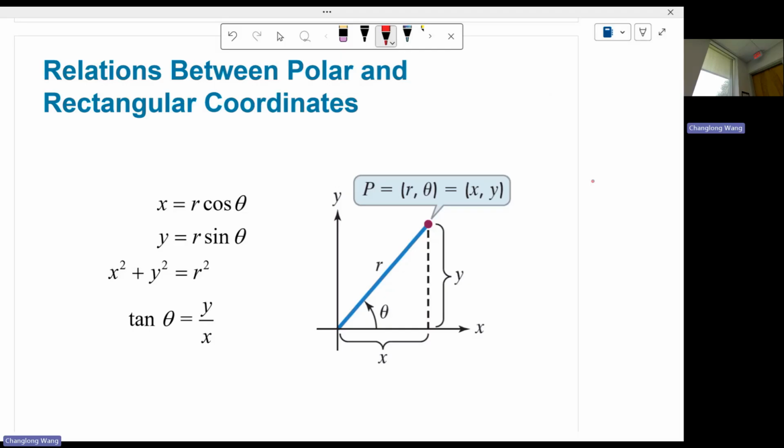You can calculate what they are. Now the second set of equations takes you from x and y to polar data. If you want to go from the rectangular to the polar coordinate system, you can do it by finding the polar data.